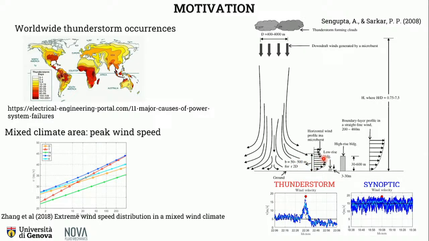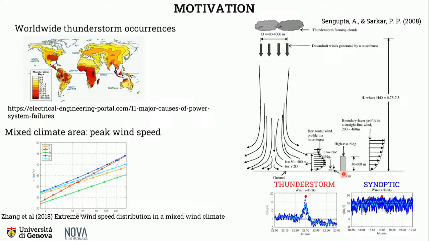Thunderstorms are characterized by properties which are different from synoptic events, since they have a typical nose-shaped wind profile, and they have non-stationary character over time intervals between 10 minutes and 1 hour.